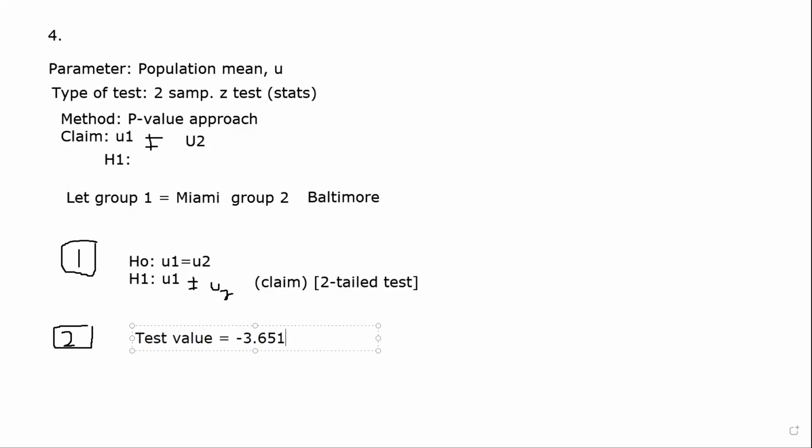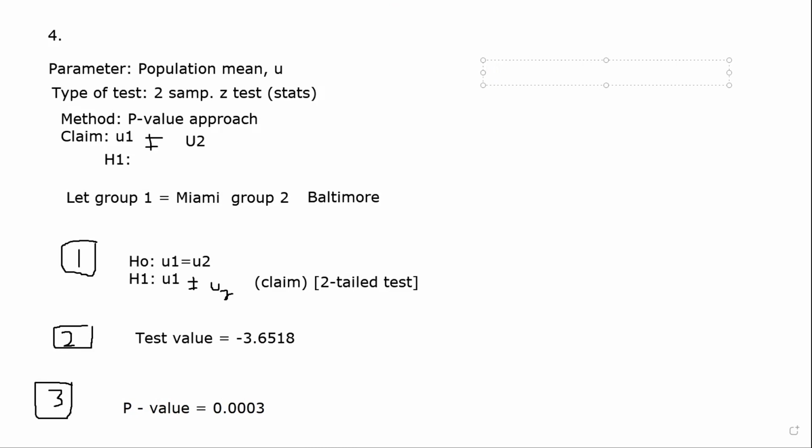And my p-value, which is the next thing, we just went over, that was equal to 0.0003.